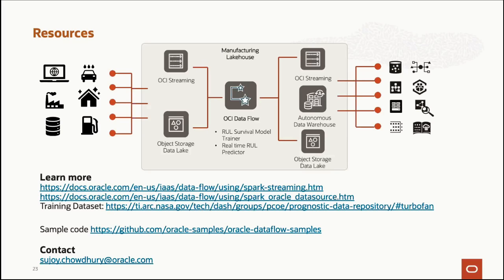If you have a Fitbit or any other wearable, you can look at your blood or your heartbeat data. You can predict whether your patient is at risk of arrhythmia or some other heart condition. That can be done using the power of structured streaming or Spark streaming on Data Flow.